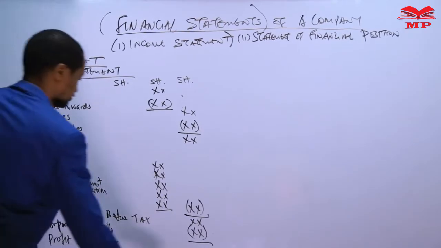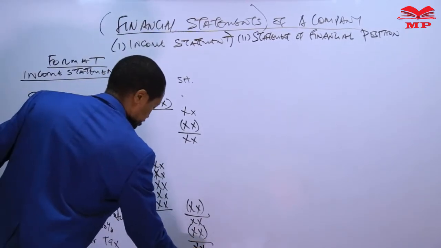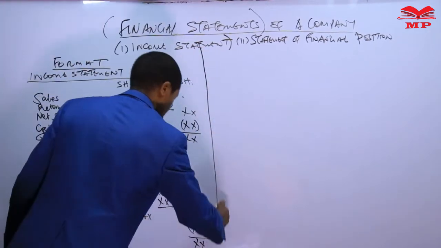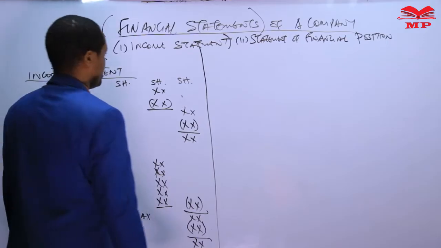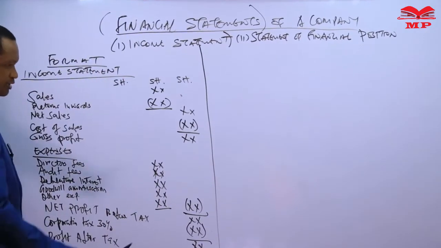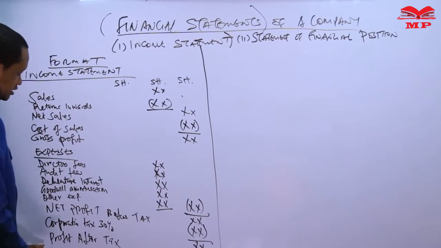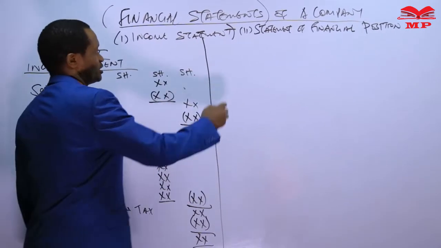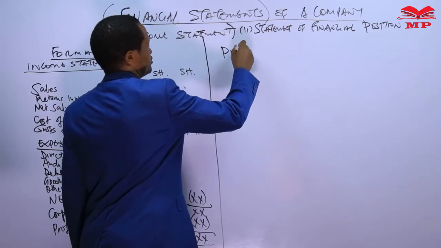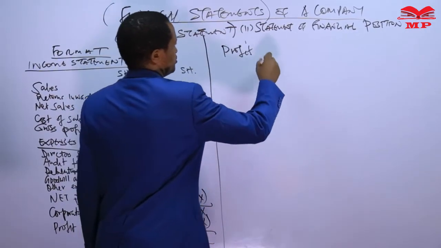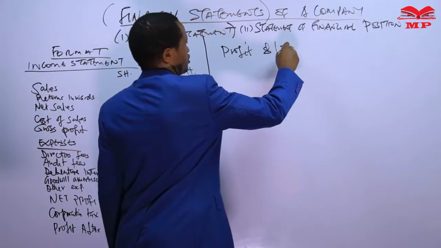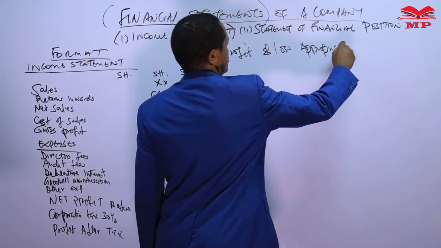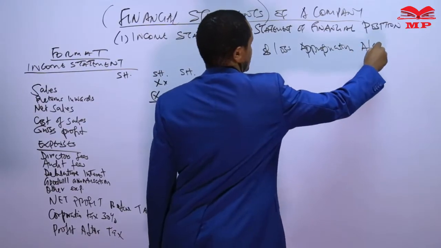Profit after tax. It is now this profit that will be the subject of appropriation, because remember, we need to prepare an additional account, which we are calling the profit and loss appropriation account.